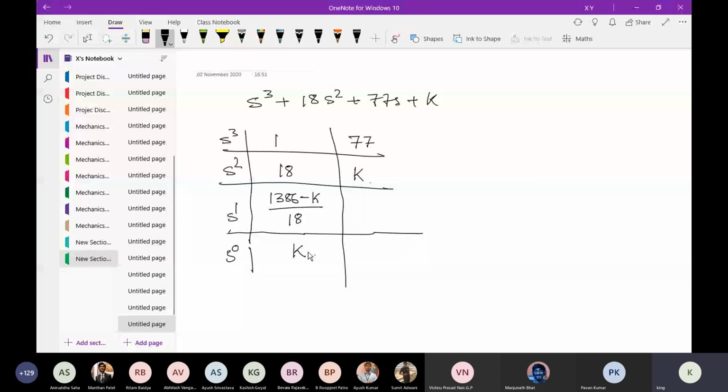So now what do you have? This is surely positive. This is surely positive. Here is a question mark, here is a question mark.